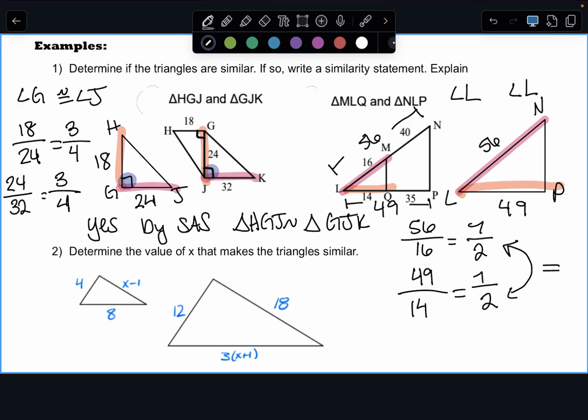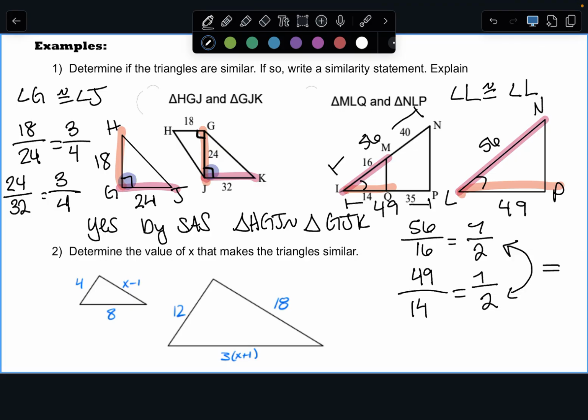How do we know? Reflexive property, yes. This was a shared angle situation. This was one of our hiddens, okay? I have angle L is congruent to angle L. And now if we trace it out, what's the pink part? Side or angle?